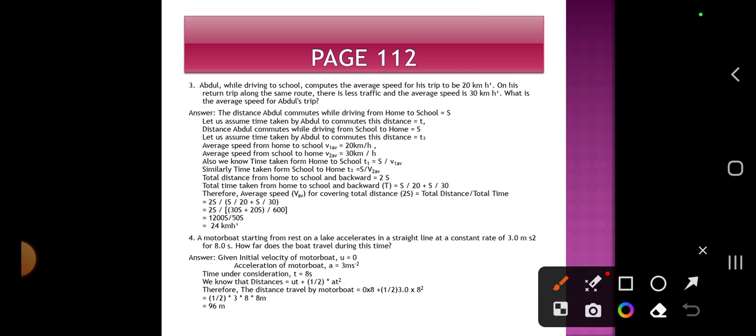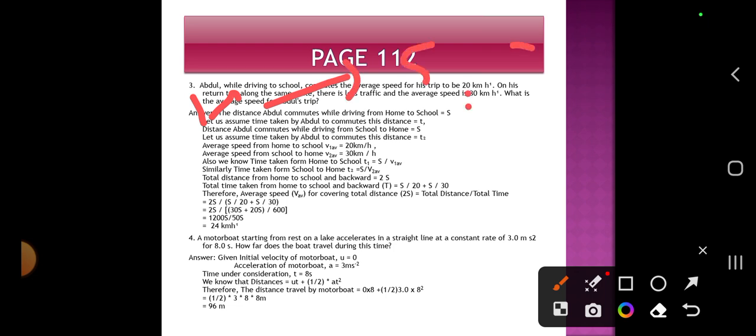Now the average speed from home to school is given: home to school speed is 20 km per hour, and school to home is 30 km per hour. So we can now calculate the time taken from home to school.